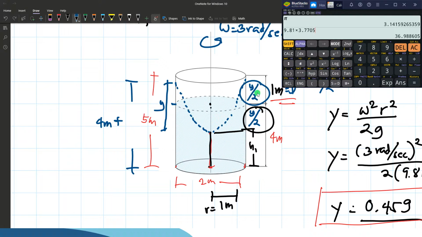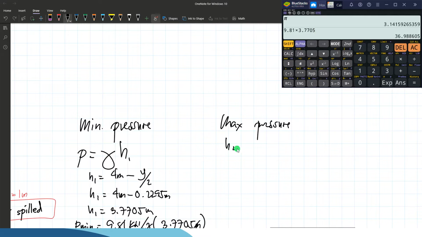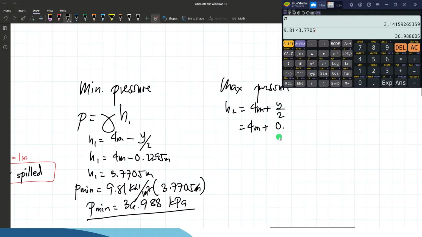Y over 2 since the depth of the vortex is distributed equally at the top and the bottom portion. So it's also y over 2. So let's say this is H2. Let's determine H2. H2 is 4 meters plus y over 2, or 4 meters plus 0.2295.